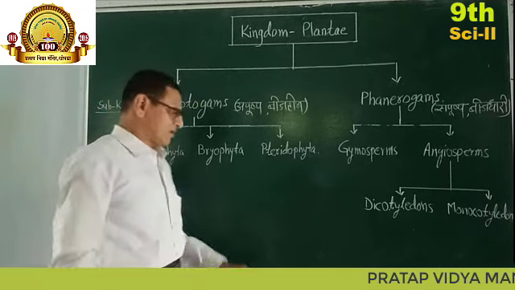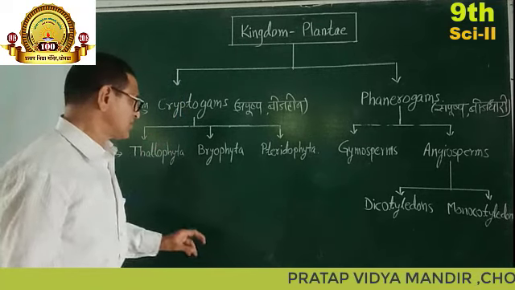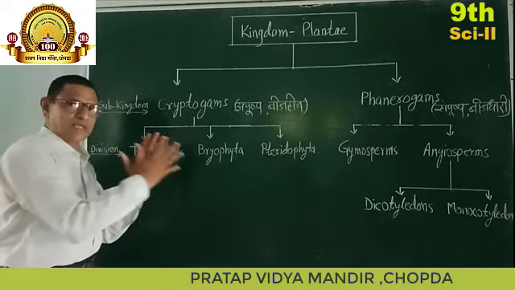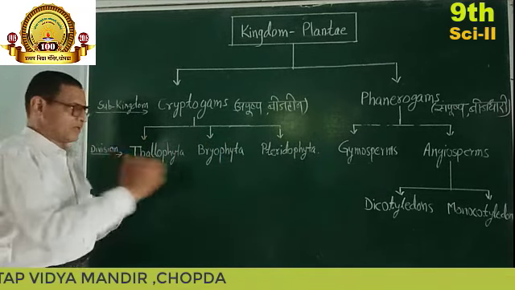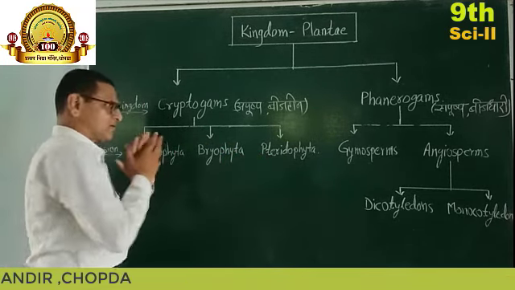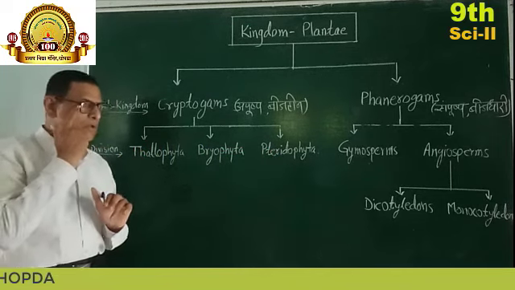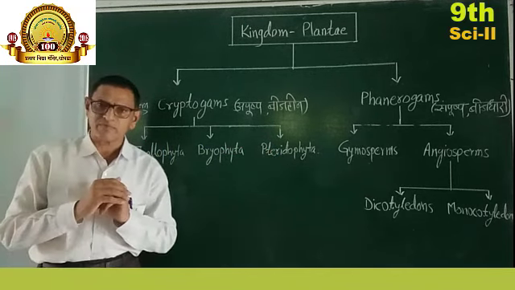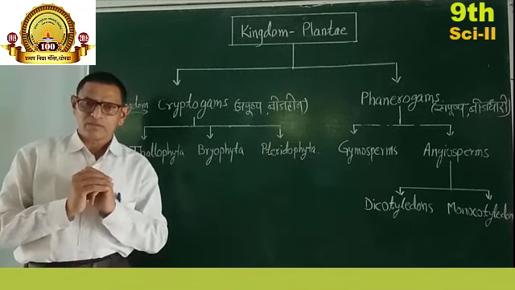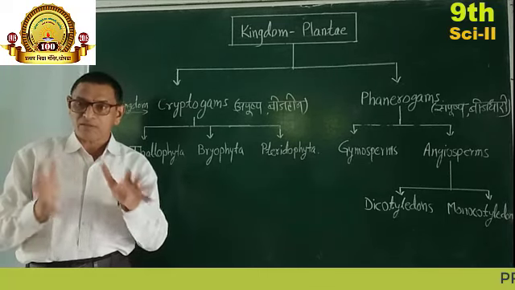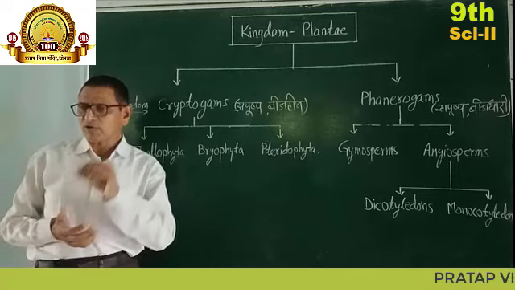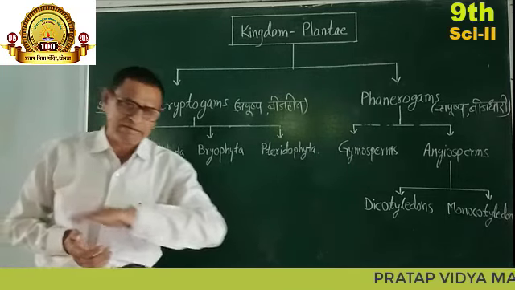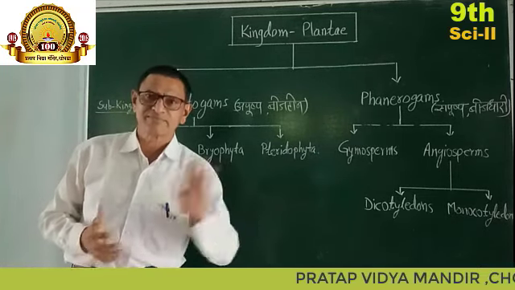Now, we just see the common characteristics of these three divisions. These three divisions have the common characteristic that the reproductive organs are not seen here. Means the reproductive organs are hidden. Hidden, म्हणजे लपलेले.